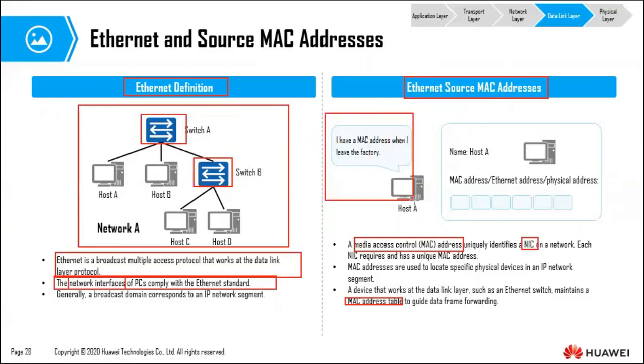So this guy here is saying, I have a MAC address when I leave the factory. Even your phone has a wireless NIC, wireless network interface card. Your laptop, on the other hand, might have two network interface cards.